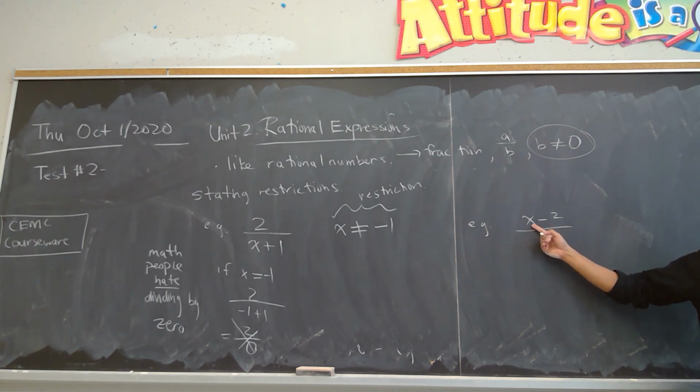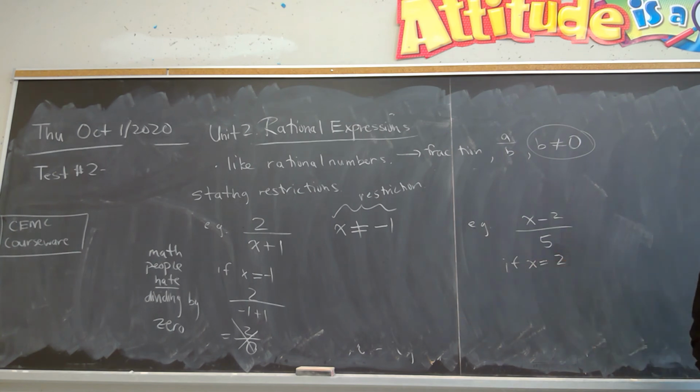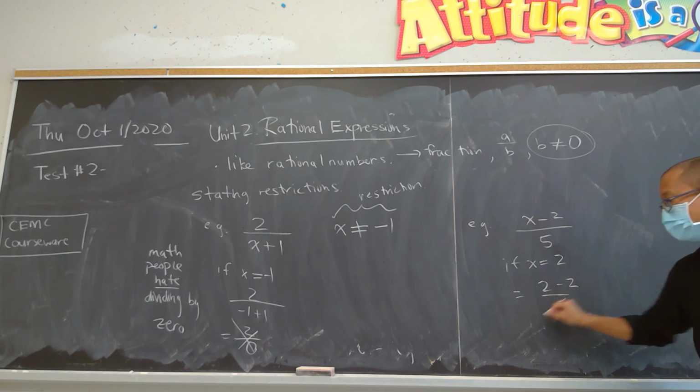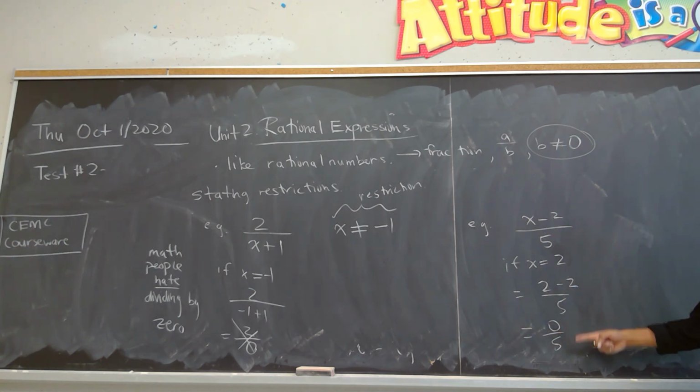We're thinking of what can x possibly be? Well, it could be any number. It can even be, if x was equal to 2, 2 minus 2 over 5, 0 over 5. No offense, but if you got this on a test, what is your mark? 0, and 0 is an answer, right?